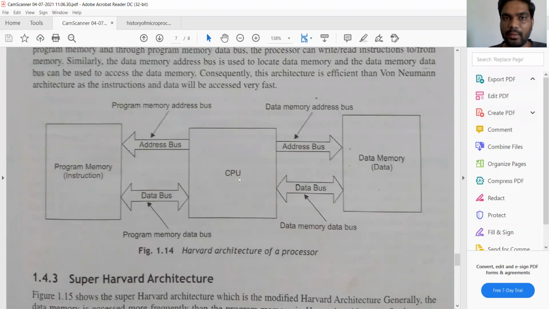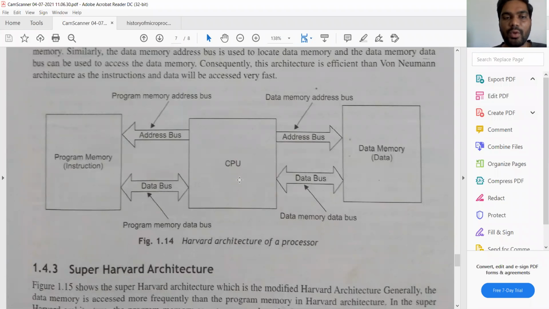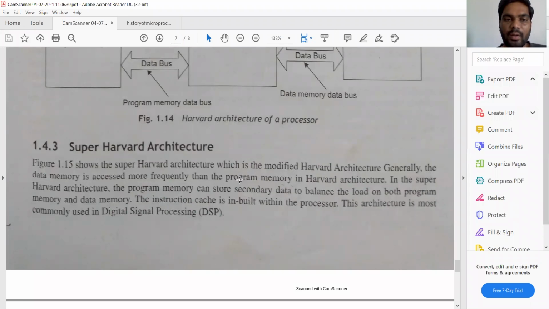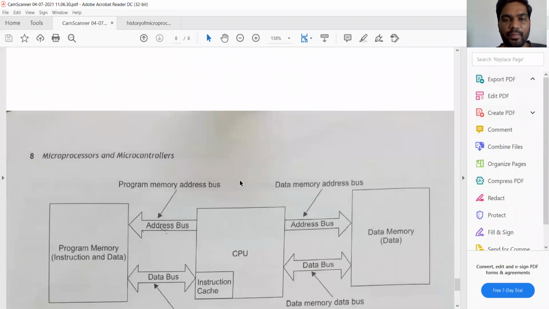Right? Now a little modification of this Harvard architecture will give you super Harvard architecture. What is super Harvard architecture? It is just a modification of the Harvard architecture, which you can see through the diagram here.